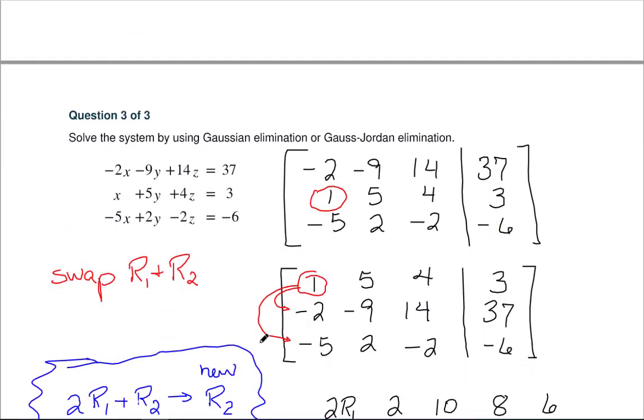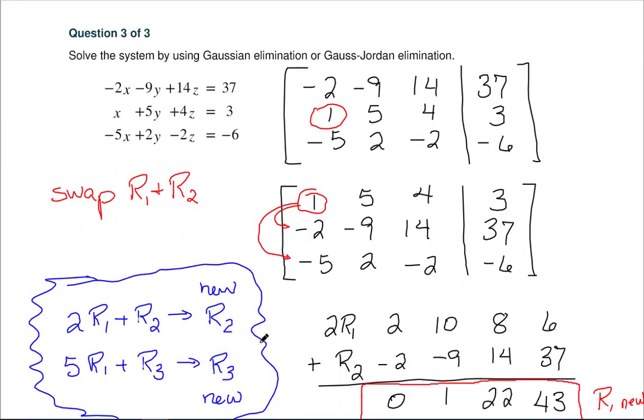All right, in question 3, we have this giant 3-equation, 3 unknown system of equations. So I carefully grab all of the numbers: -2, -9, 14, 37, 1, 5, 4, 3, -5, 2, -2, -6.